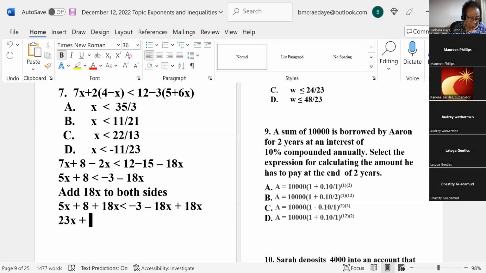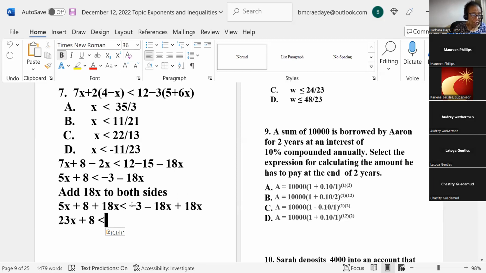And what do I have on the right side, Maureen? What is this equal to? Put my inequality, less than.